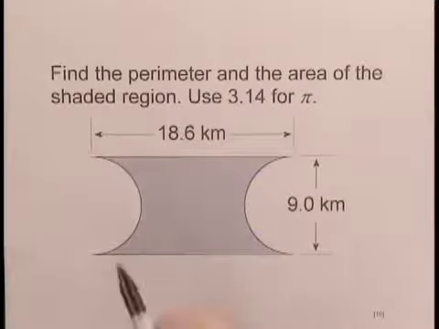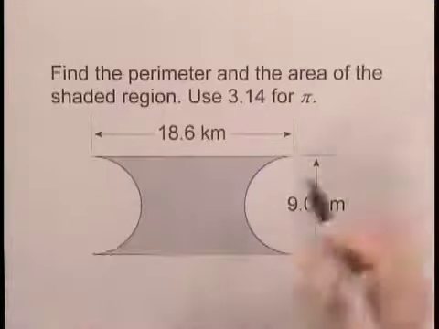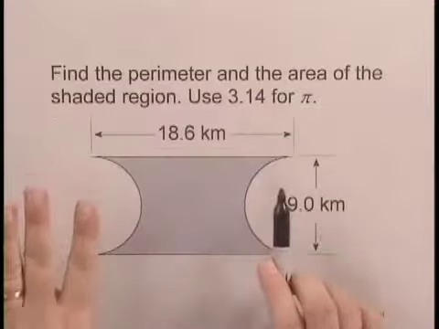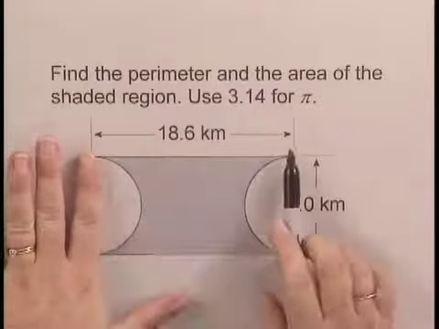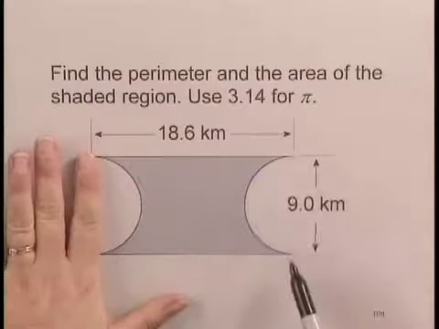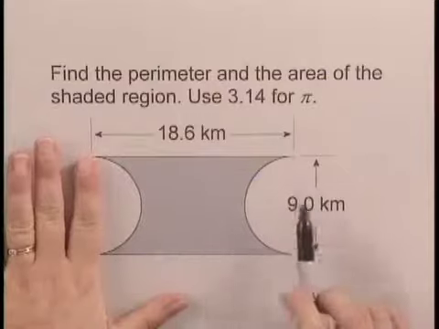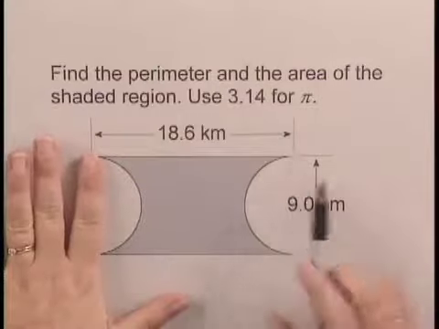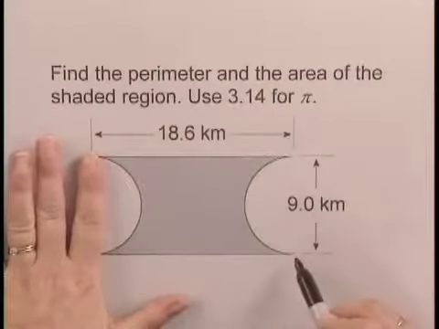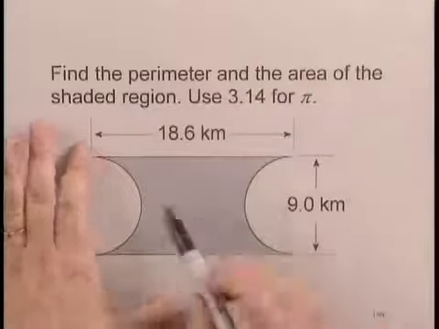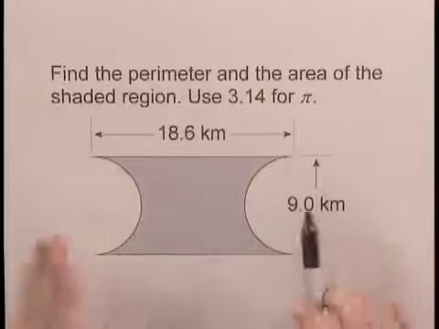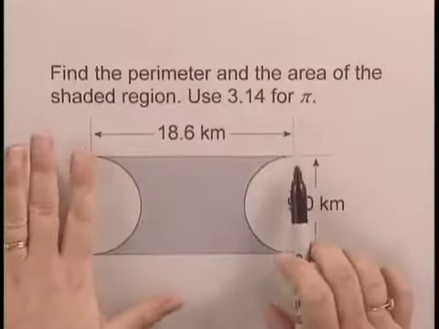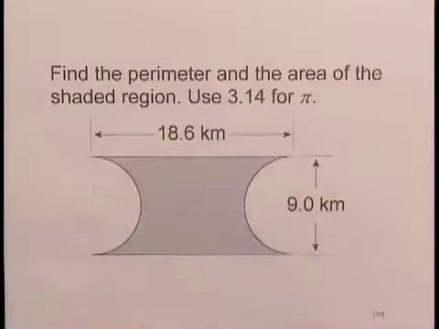If I close this off down here and down here, I see a large rectangle with length of 18.6 kilometers and a width of 9.0 kilometers. Out of that large rectangle is cut half a circle on the right and half a circle on the left. Combined together, I have one large rectangle with one entire circle cut out.